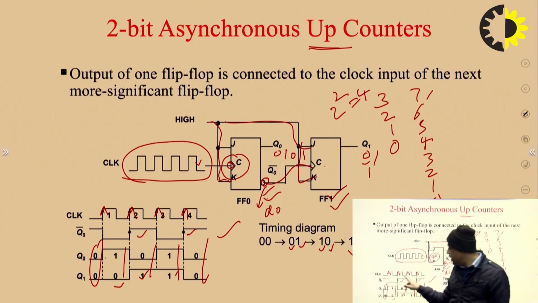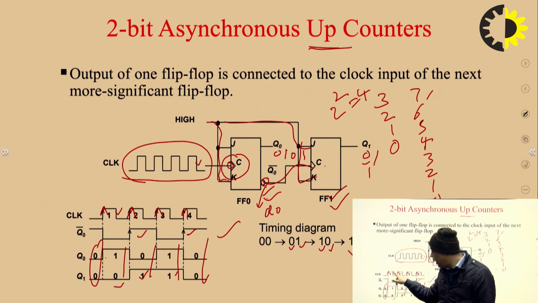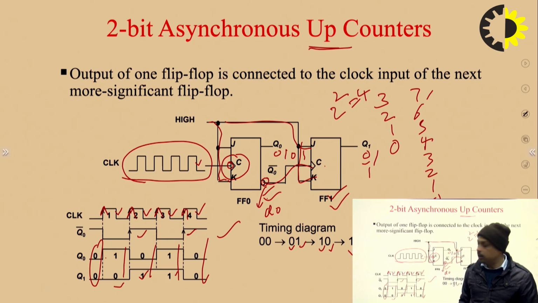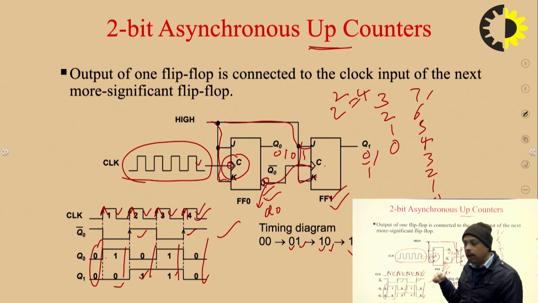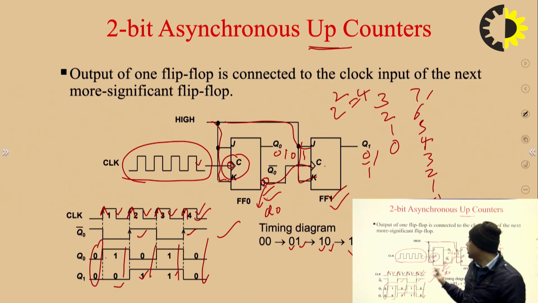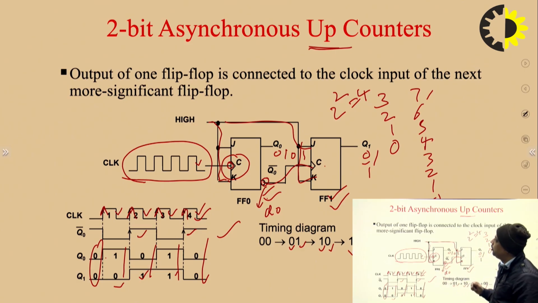In that case, the triggering happens at the negative edge of the clock pulse, over here, over here, over here, and over here. So this is known as negative edge, trailing edge, or ending edge flipping. So in this way, a 2-bit asynchronous counter works.